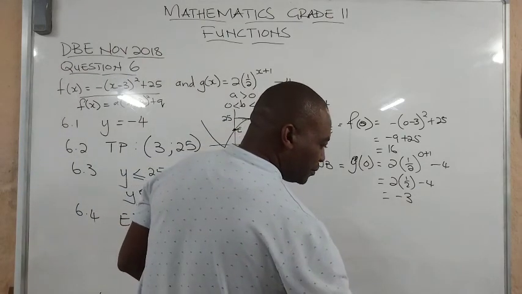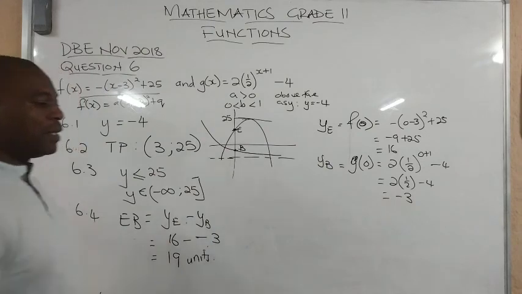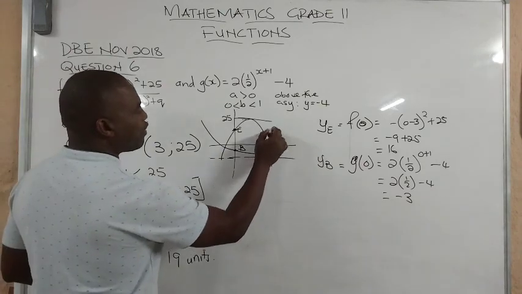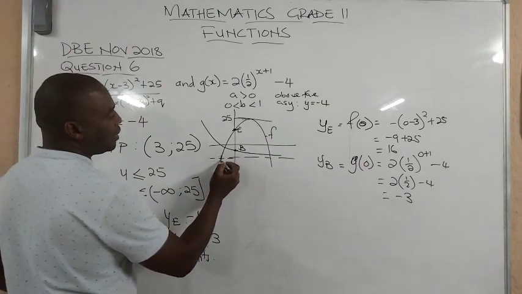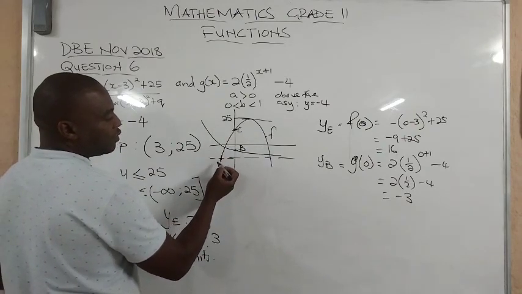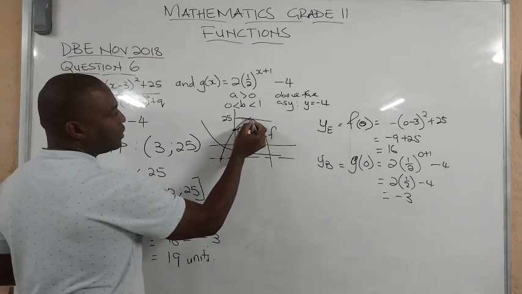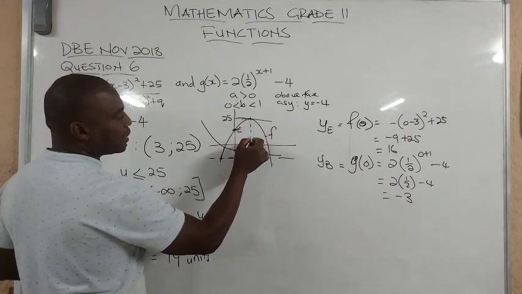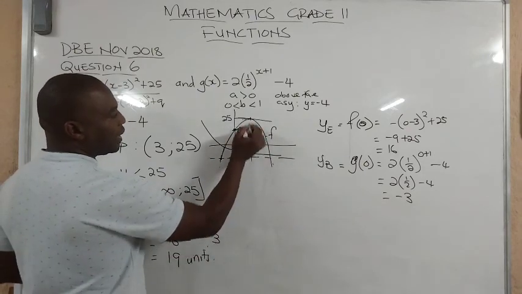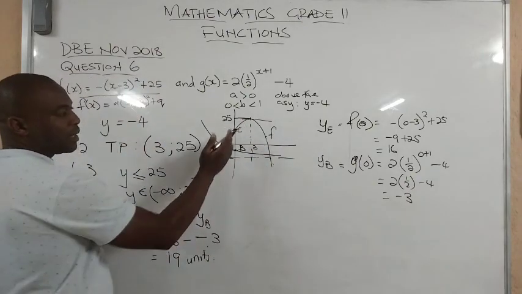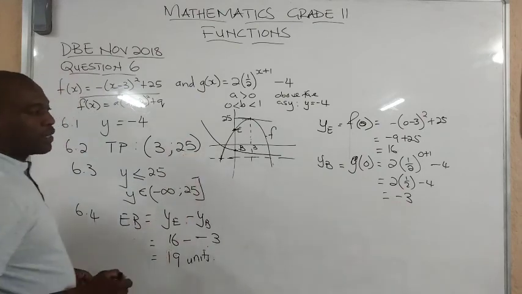6.5, determine the values of x for which f is decreasing. Now if we look at the graph of f, we can see it's concave down. That means it's increasing from left until the turning point, and then after the turning point it starts to decrease. And we know that the x value at the turning point is 3. So for values of x that are greater than 3, f of x will be decreasing.